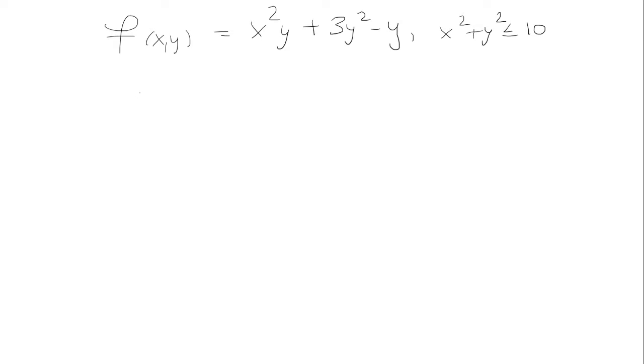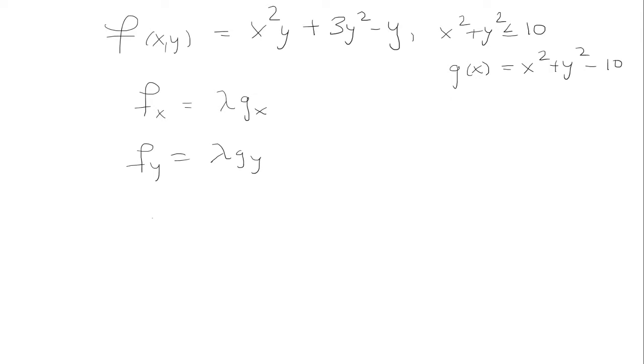Okay, so what we're going to do is set the partial derivatives equal to each other, and I'm going to define g of x as just x squared plus y squared minus 10. So the partial derivatives equal to each other with lambda in there, and we want to satisfy the equation x squared plus y squared is less than or equal to 10.